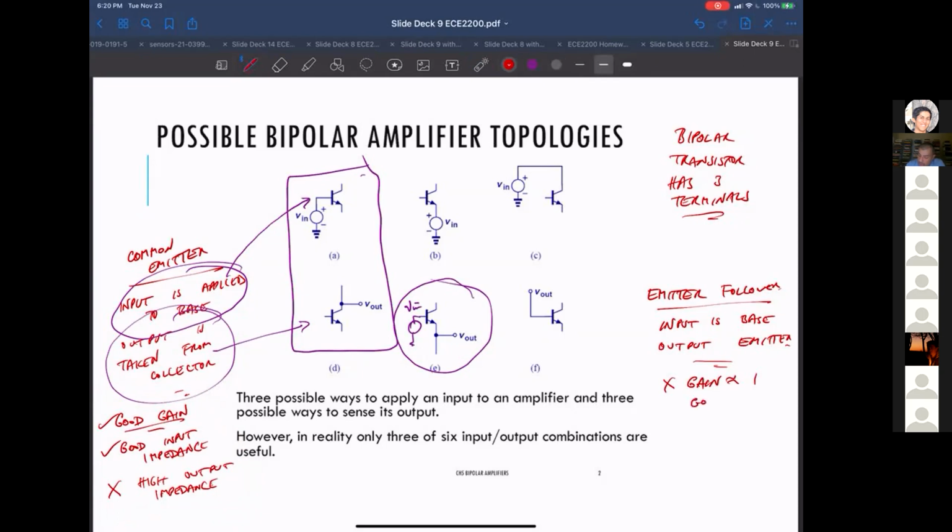It has high input impedance, so that's good. Both of these cases have high input impedance, and the emitter follower has low output impedance.